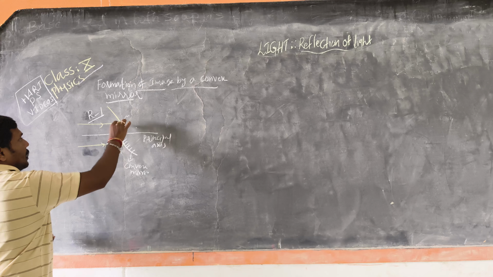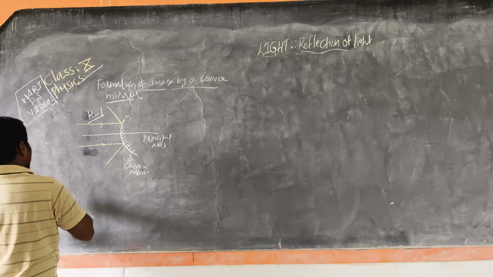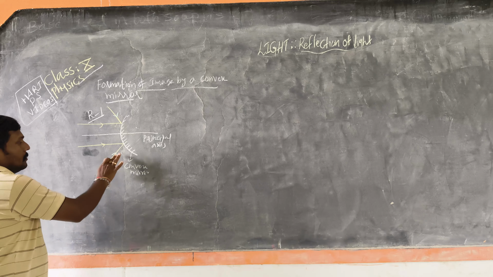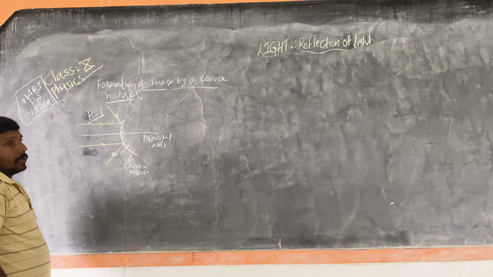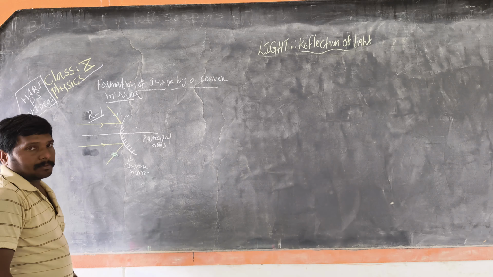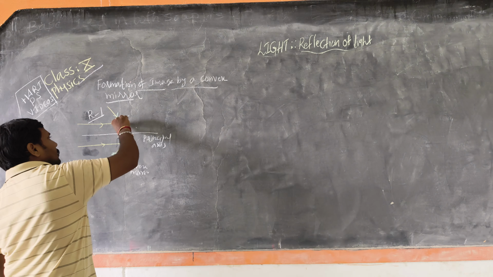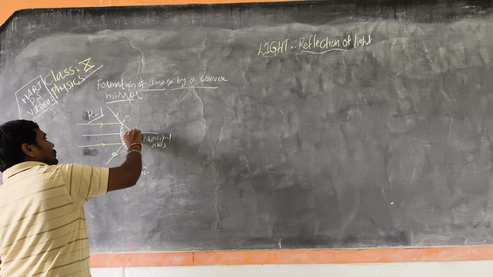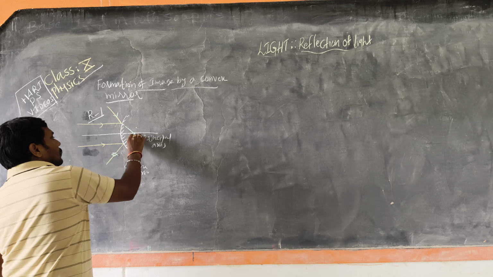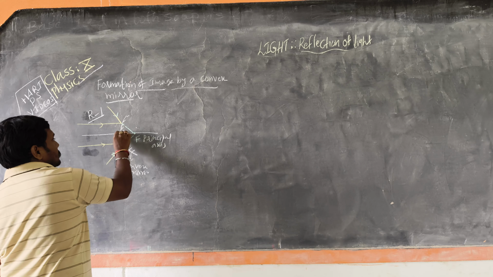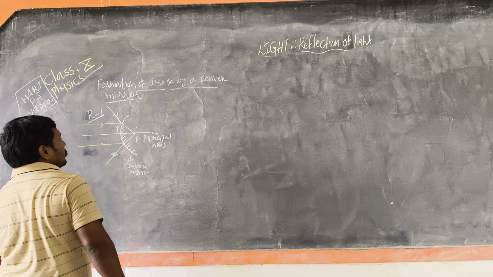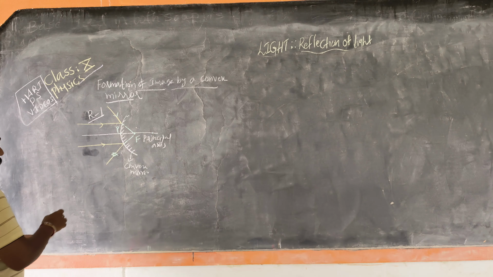They meet at the point called focus. As we know, a convex mirror is a diverging mirror, so all these reflected rays appear to meet at a point, which we call the focus. Then the center of curvature.